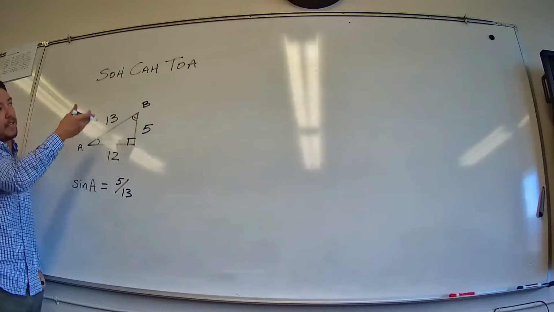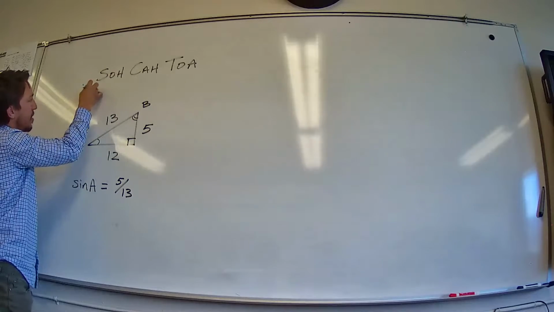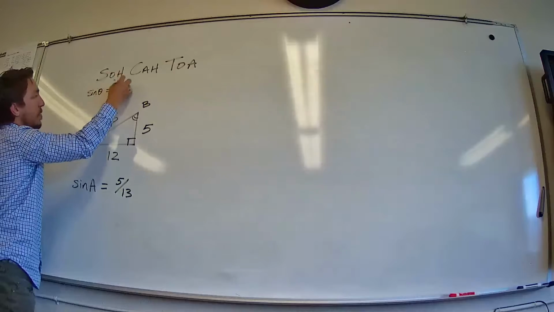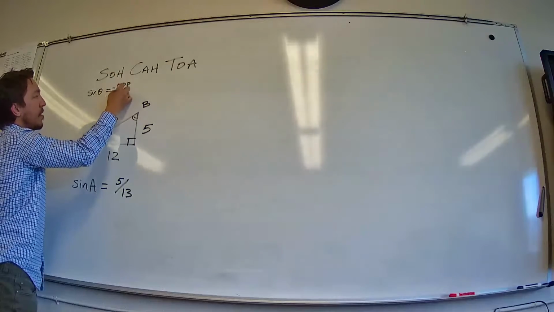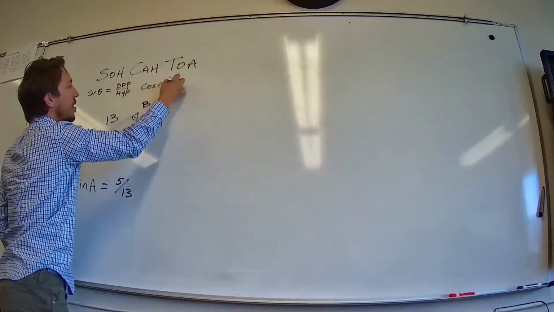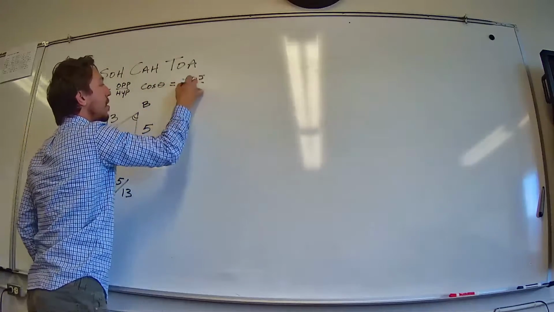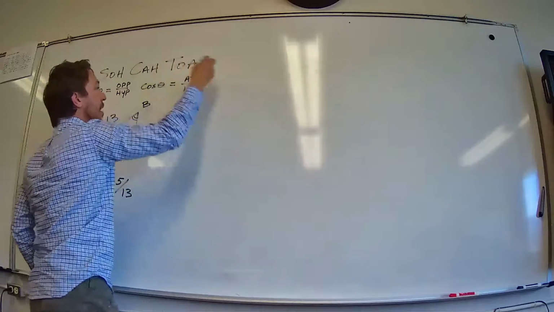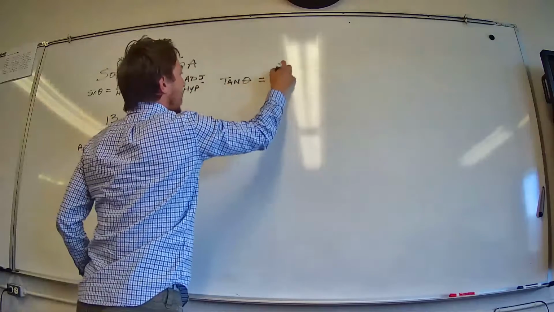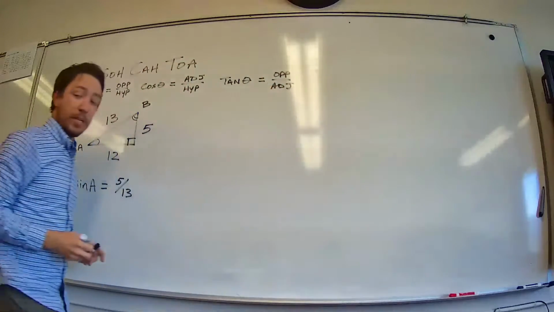So a mnemonic helps you remember the definitions. The sine of an angle is the ratio between its opposite and its hypotenuse. The cosine of an angle is the ratio between the adjacent and the hypotenuse. And the tangent of an angle is the ratio between the opposite and adjacent.